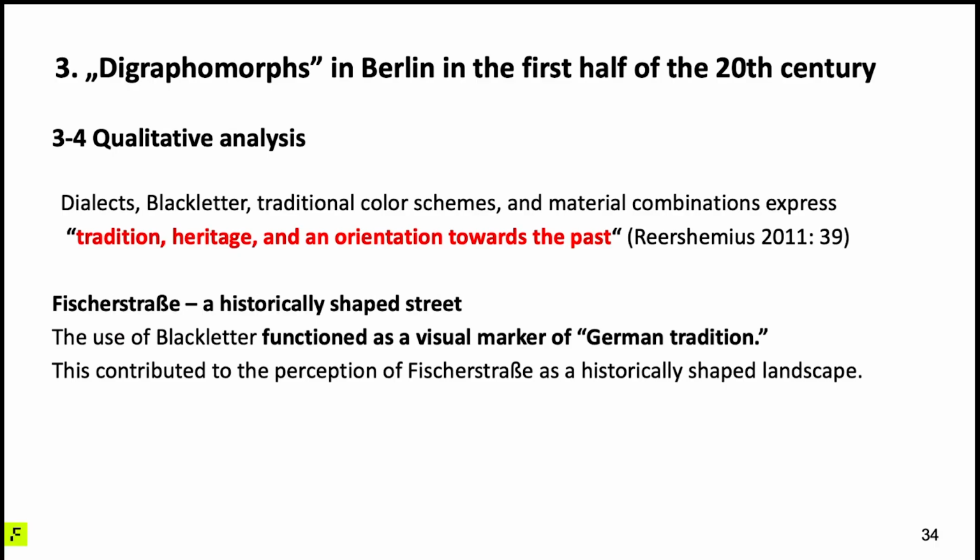Mills found that combining Blackletter and traditional materials together expresses tradition, heritage, and orientation toward the past. Based on Heilbron's description of Fischerstraße as historically shaped, it is likely that the typeface change here was intended to evoke a similar sense of tradition.